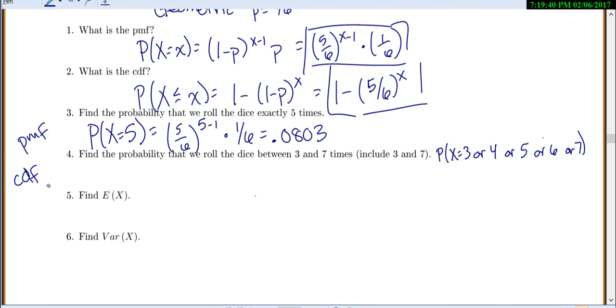Let's see. So I want to do the CDF because I have more than one probability I'm interested in. So I might start by finding the probability that x is less than or equal to 7. But what's that going to do? That's going to give me from 7 all the way down. But I only want from 7 to 3. So what would I do here? So let's wait a second for any thoughts.